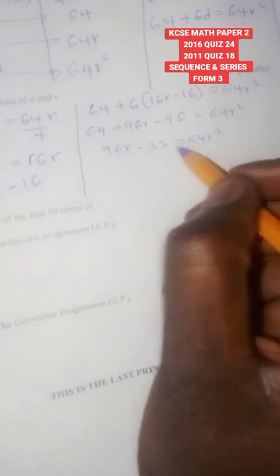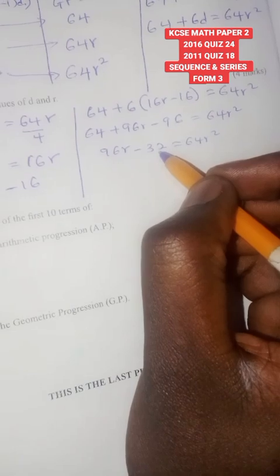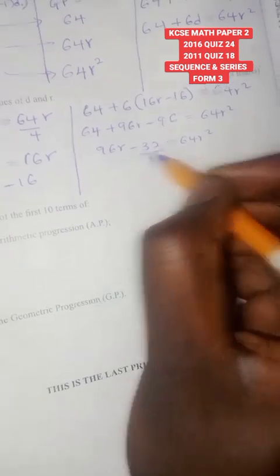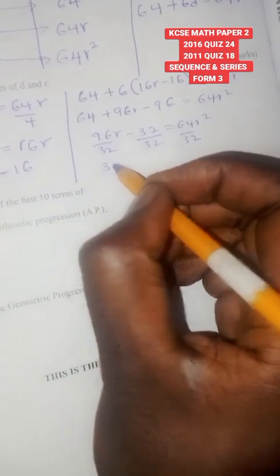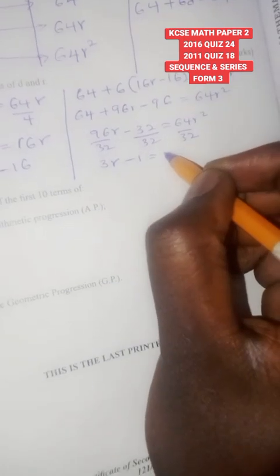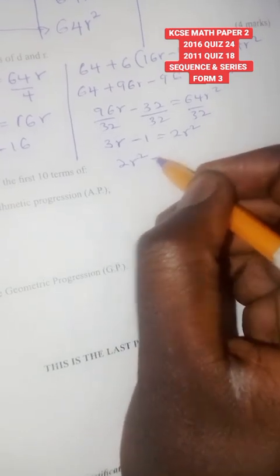Just to simplify it, I divide both sides by 32. So we're going to have 3r minus 1 is equal to 2r squared. So if I form a quadratic bringing all these to the other side, it will be 2r squared minus 3r plus 1 is equal to 0.